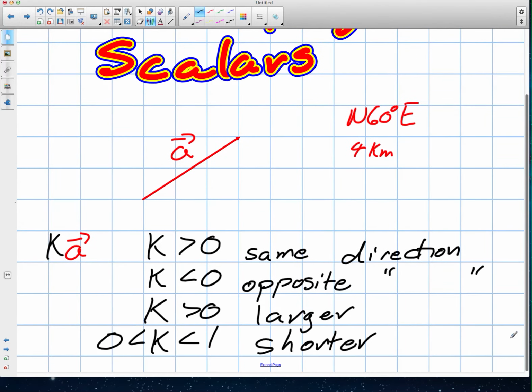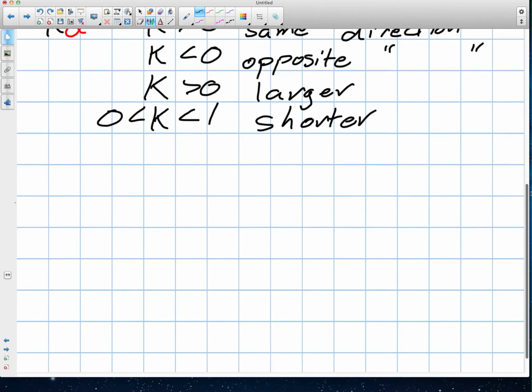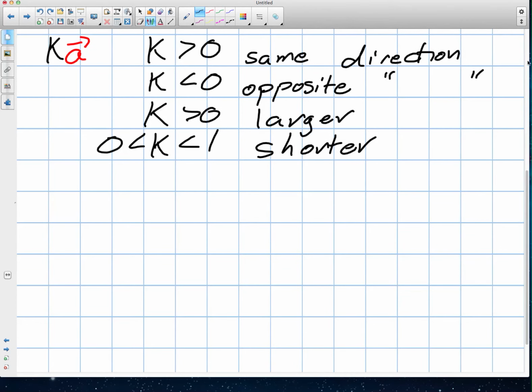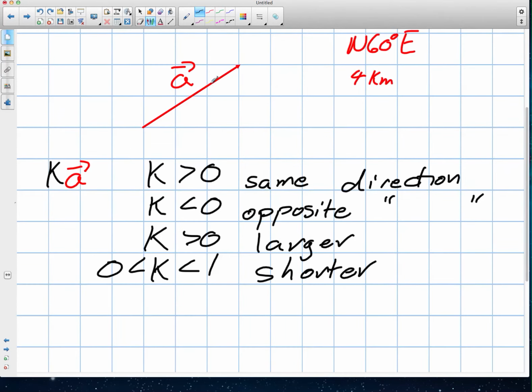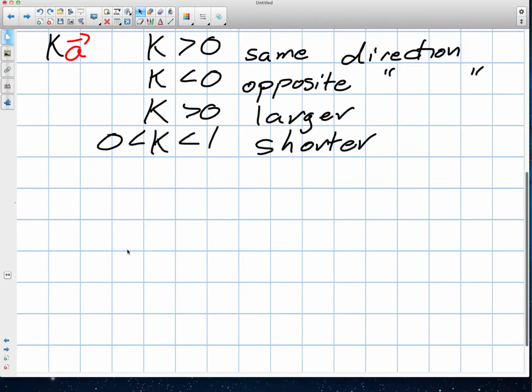Let's go down. Actually, I'm going to copy that vector from above. Okay, so we have vector A. Talk about the different ways we can represent it.